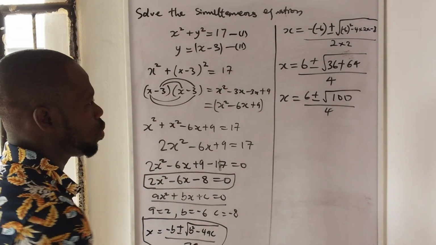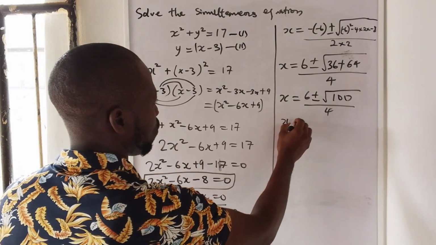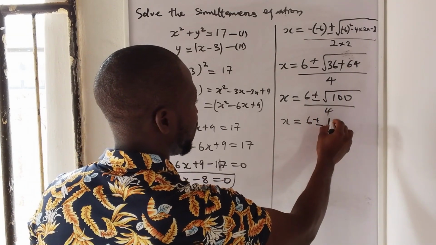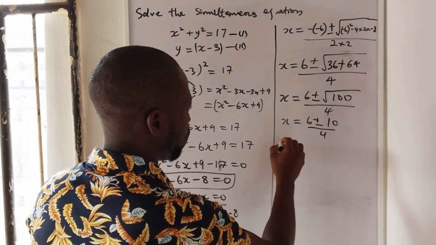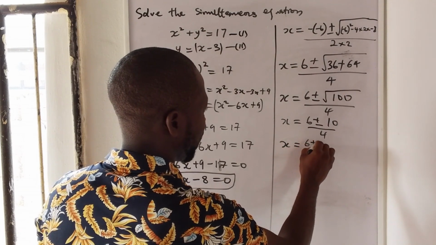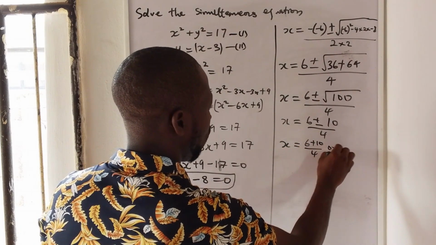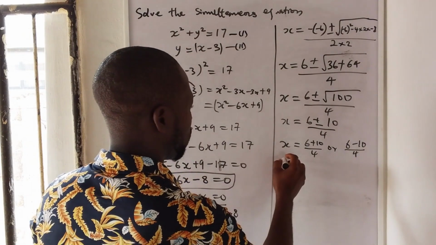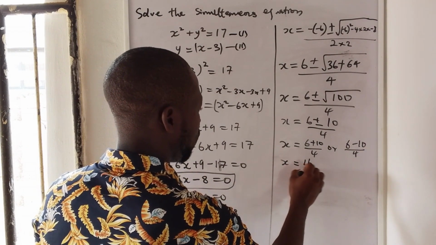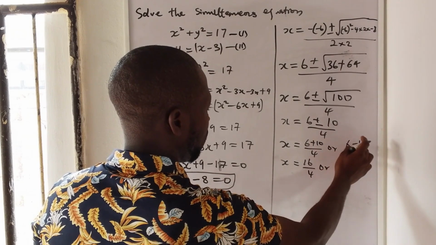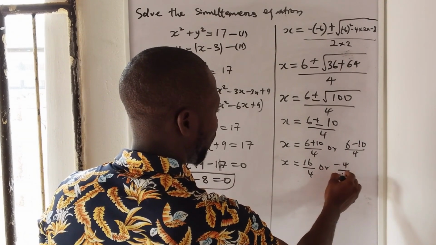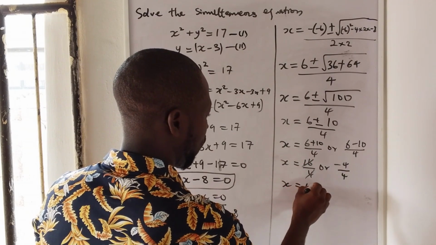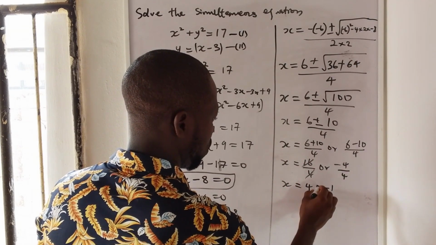Right? So that leads us to x is equal to 6 plus or minus square root of 100, which is 10, over 4. So x is equal to 6 plus 10 over 4, or 6 minus 10 over 4. Right? So x is 16 over 4 or minus 4 over 4. So x is equal to 4 or minus 1.